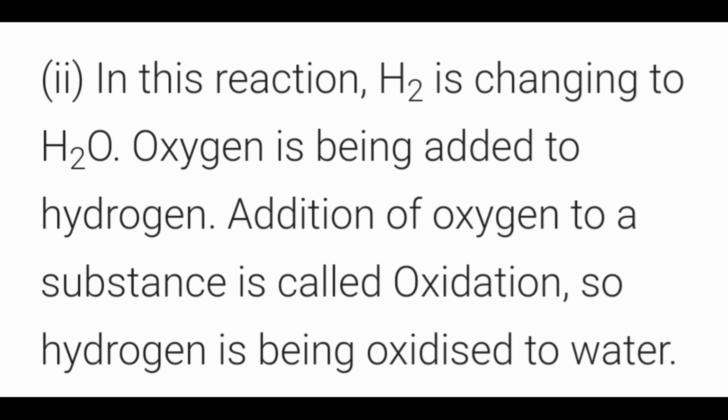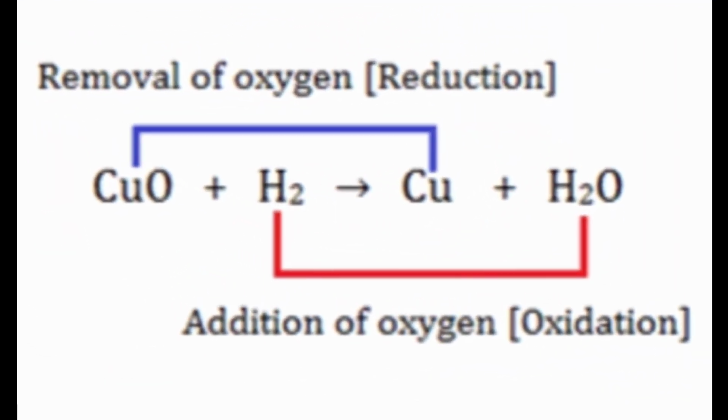Oxygen is being added to hydrogen. Addition of oxygen to a substance is called oxidation. Here you can see in copper oxide oxygen is removed, and in hydrogen oxygen is added. So here reduction and oxidation are both taking place simultaneously.